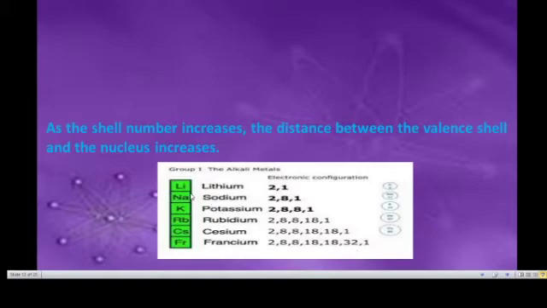So from top to bottom in the group, the atomic number increases and the number of shells also increases.